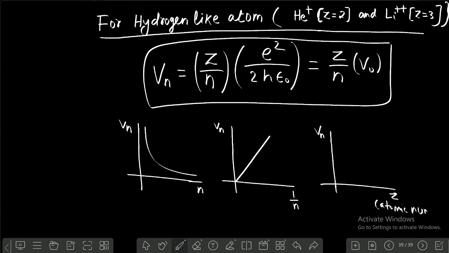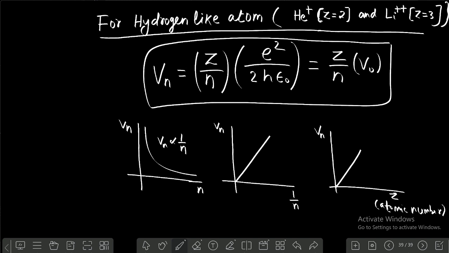Remember all these graphs. Vn is inversely proportional to n, so the Vn and n graph is a rectangular hyperbola. The Vn and 1 by n graph is a straight line. The Vn and Z graph is a straight line. So this is all about the velocity of electron in nth orbit and radius of nth orbit. Yes or no?